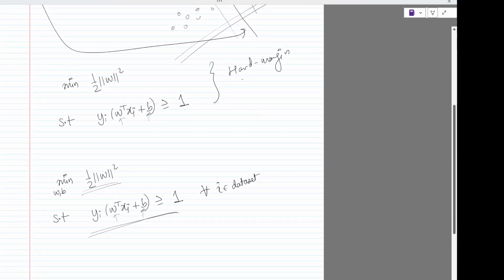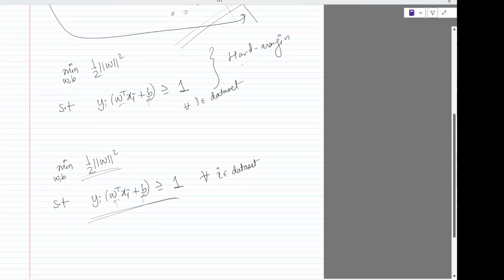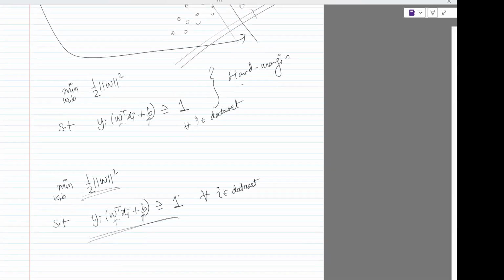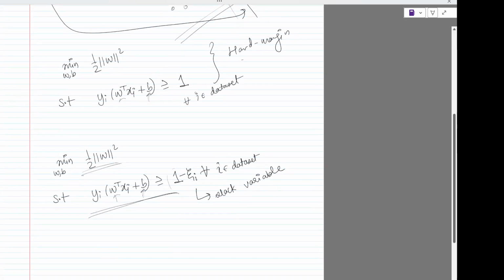Here also w, b. What you do is, instead of imposing this strict constraint, you put a slack variable. This is called a slack variable, and this psi i is greater than or equal to 0. So you have two new constraints.